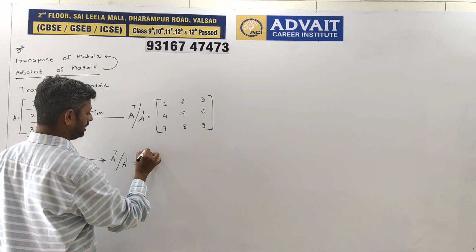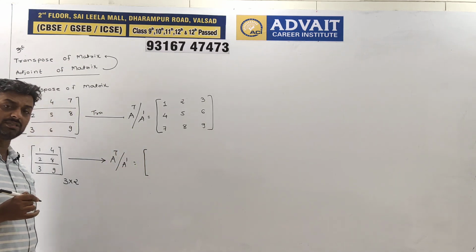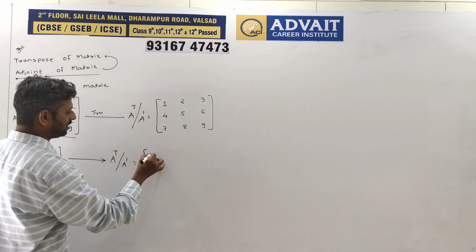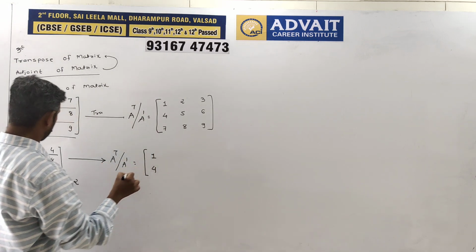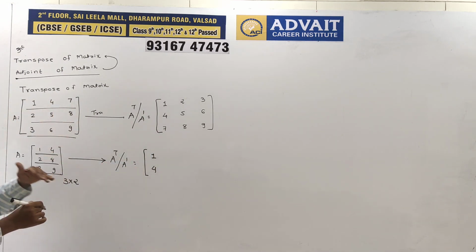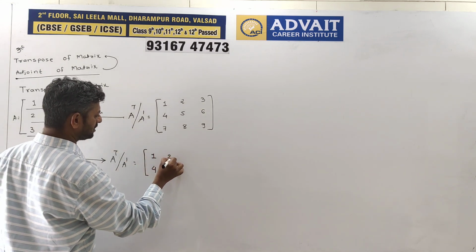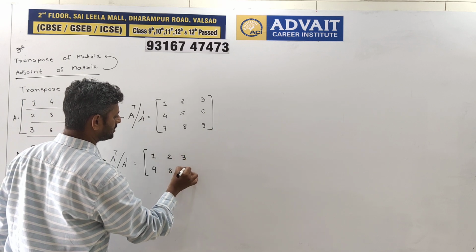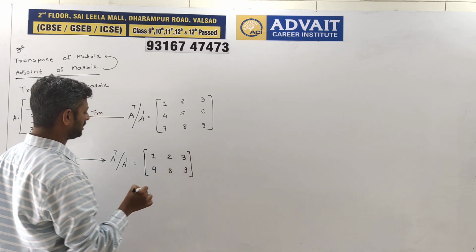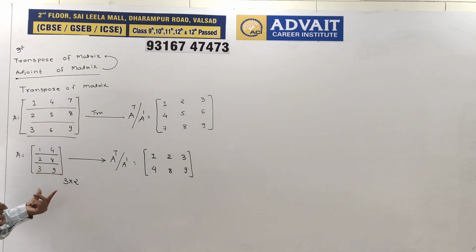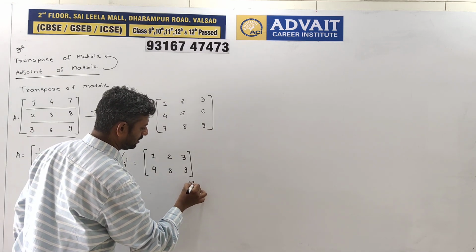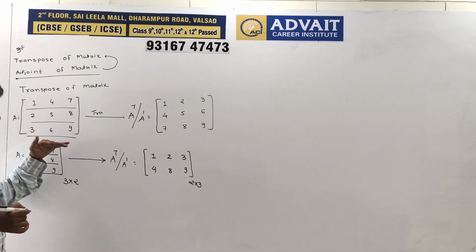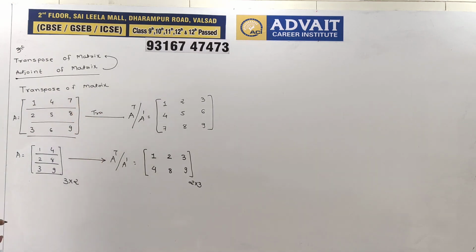If I convert this into its transpose, the first row becomes the first column, the second row becomes the second column and the third row becomes the third column. So the transpose is now 2 by 3. Transpose means rows are converted into columns.